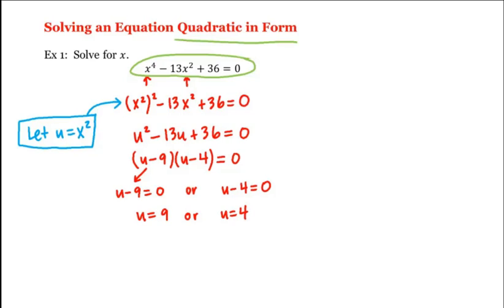Now, a very common mistake that students make here is that they'll think they're done at this point. However, we're not done, are we? This is what u equals, but we're asked to solve for x. And we can do that by substituting back in these values of u into this equation here.